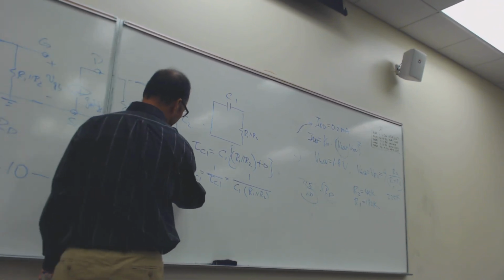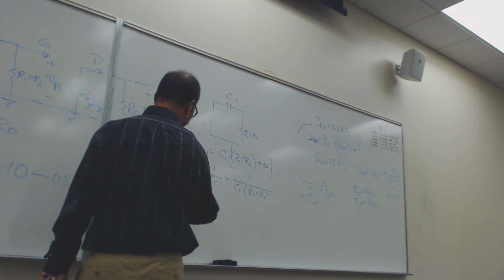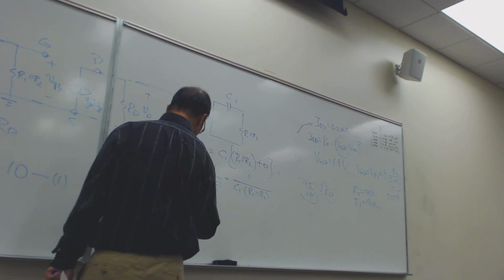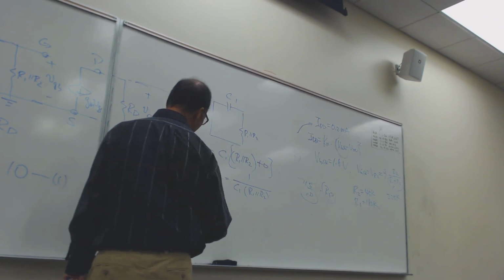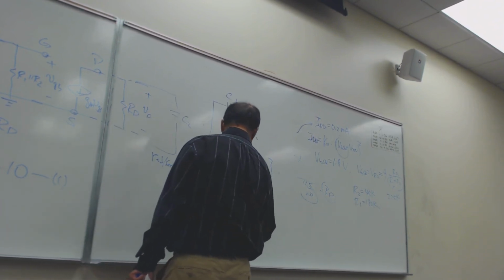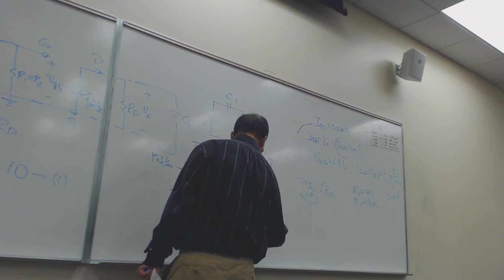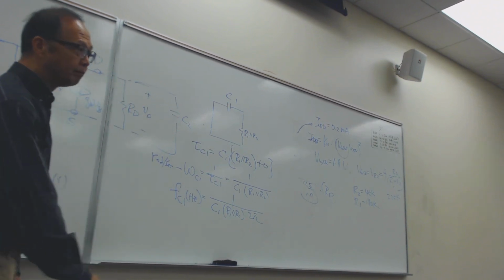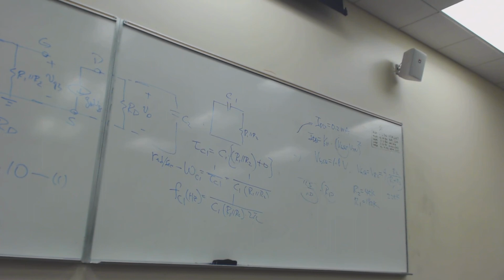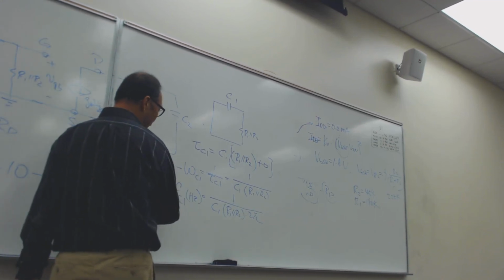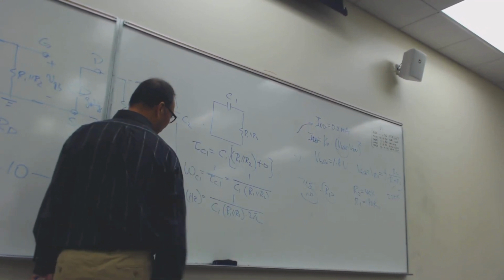So if you want to convert this to frequency in hertz, then it's 1 over C1 times R1 in parallel with R2 times 2 pi, correct? Because omega is equal to 2 pi f.